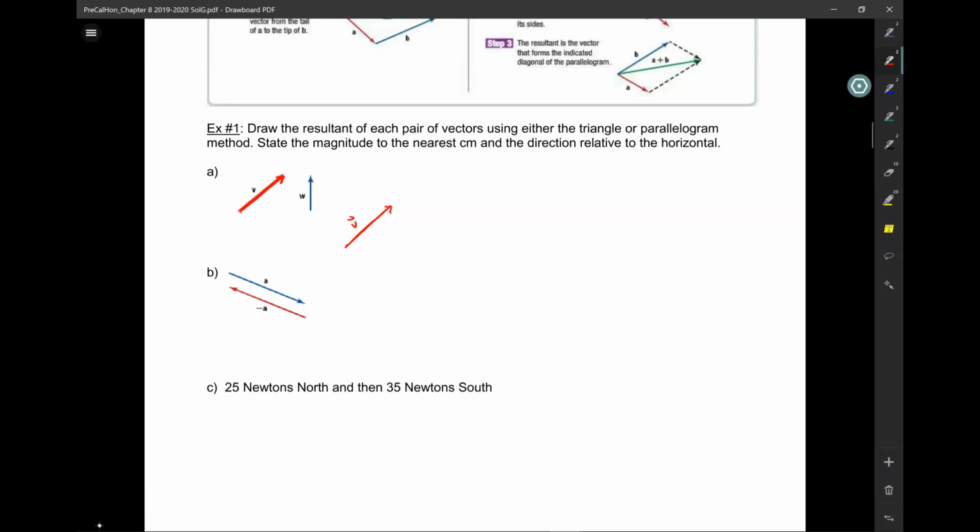Now, you take W and you have to add it as a continuation of this here. That's W. And then the resultant goes from the very beginning to the very end.